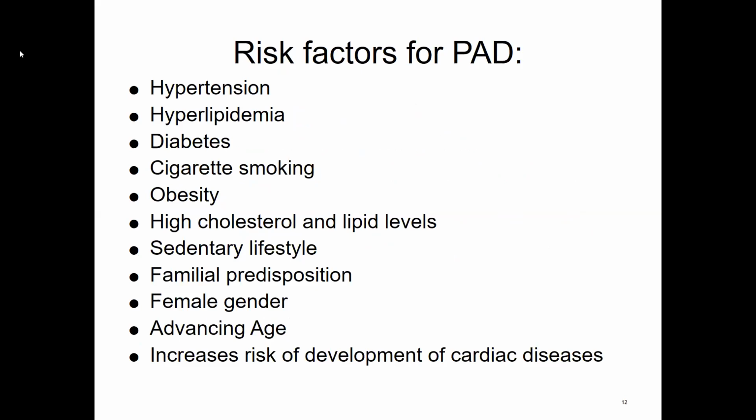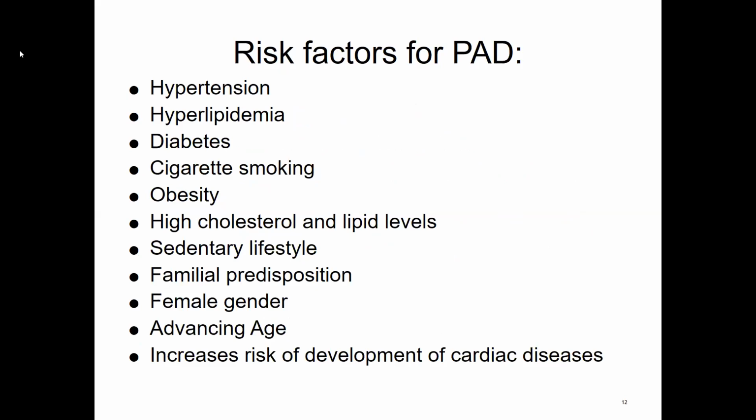Not any specific. From what we've gone over and what you're learning, you can pretty well figure out that PAD is the result of plaque in your arteries. And so, what makes plaque? High cholesterol.